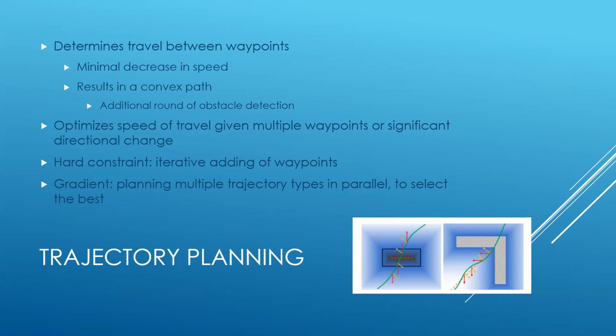These trajectory types may include an optimistic trajectory, which states the shortest travel time, assuming no obstacles are along this path, or the risk perception trajectory, which takes obstacles into account, or a trajectory that factors in the drone's current yaw angle.